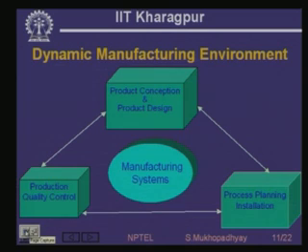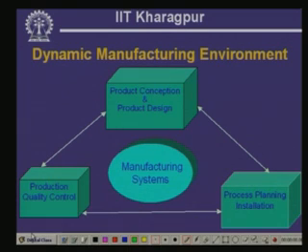But once you have designed it, you have to actually plan and install equipment so that you can manufacture it. So, you have to set up your factory, you have to change your production facility, right. After that, you have to actually do production and quality control, and at this point of time it will go out of the factory into the marketplace and will get sold.